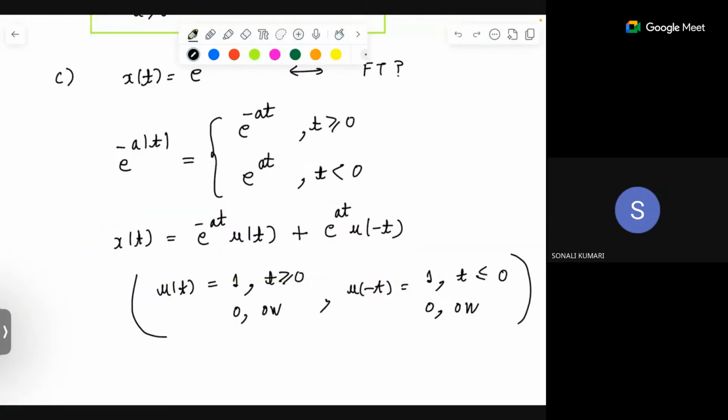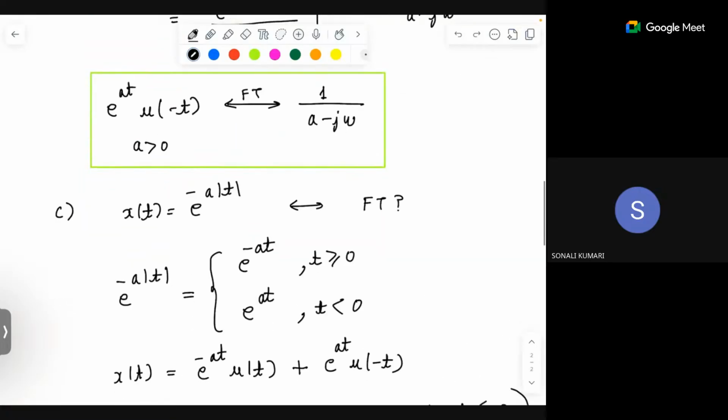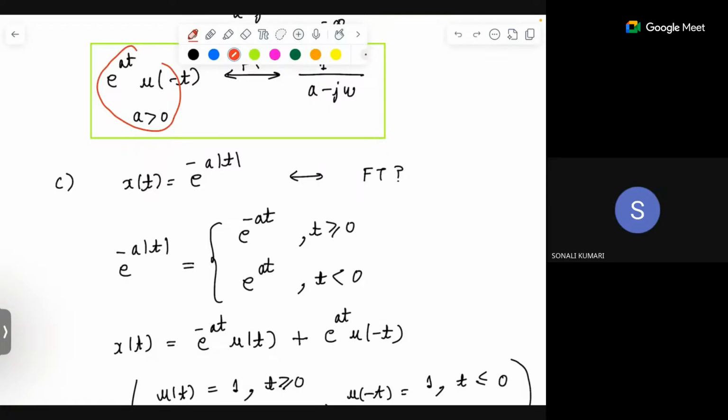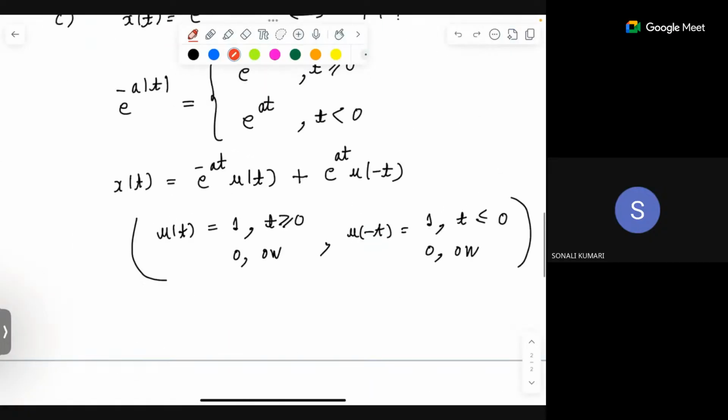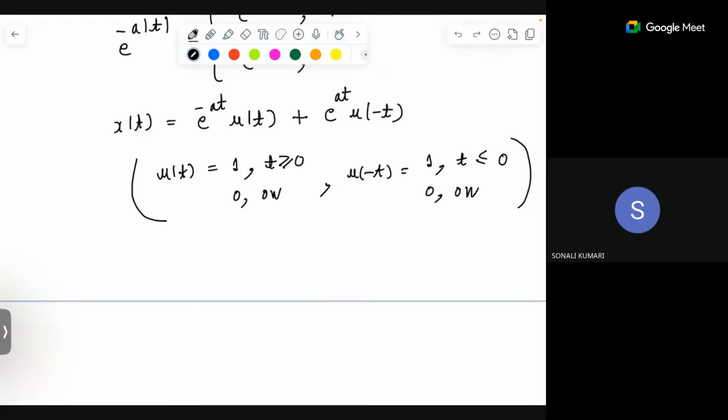Okay. Now if we look at part A and part B, this part B is over here. This thing, we have it here. Now let us go to part A. It was e raised to the power of minus at u of t, and here we have this. So by the property of linearity of Fourier transform, do you want me to write down the property of linearity?